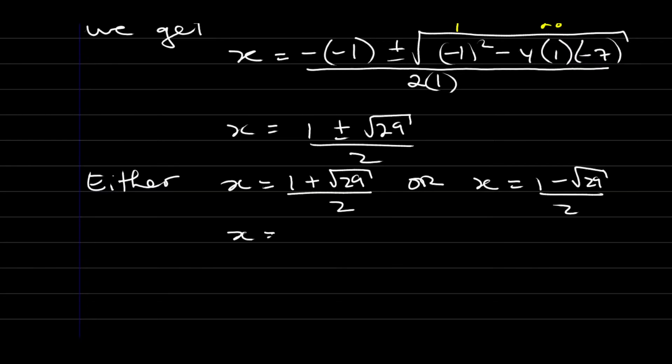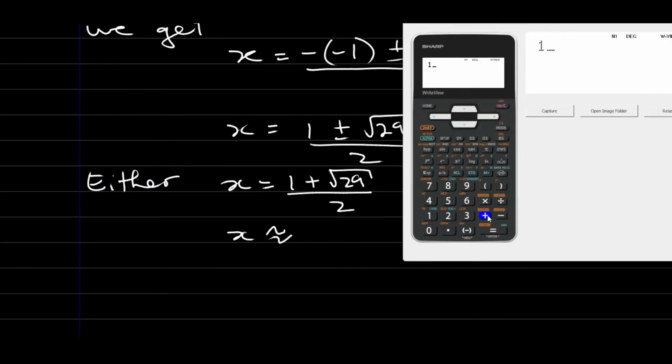In this case, x would be approximately equal to, let me get my calculator here for this one. 1 plus root 29, oopsie, we just do it as a fraction. 1 plus root 29 all over 2, and that answer is in its lowest form, and we get approximately 3.192, and so on.